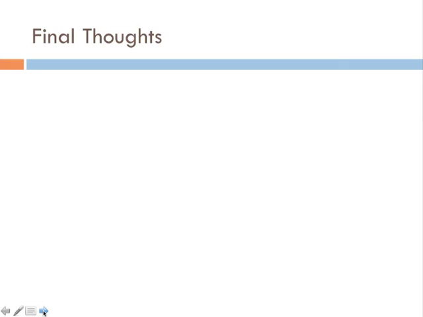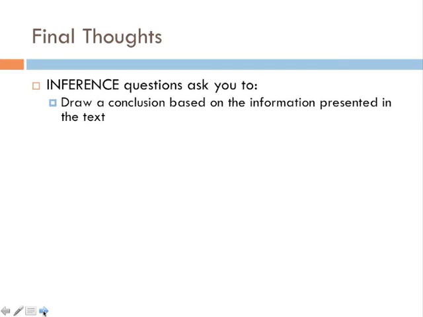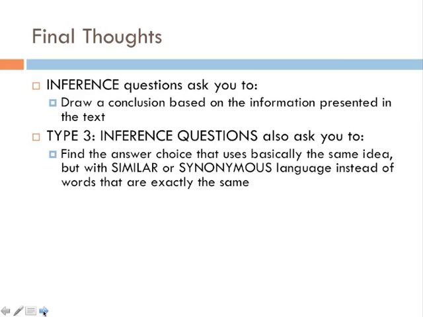So now some final thoughts. Inference questions ask you to draw a conclusion based on the information presented in the text. But type 3 inference questions, remember, they also ask you to find the answer choice that uses basically the same idea, but with similar or synonymous language instead of words that may exactly be the same.